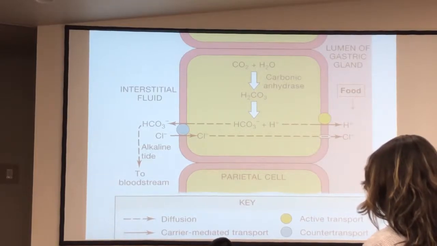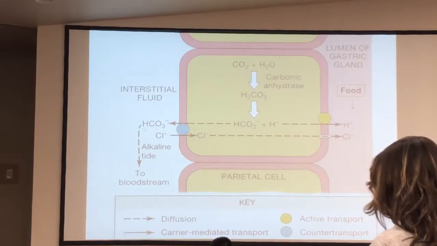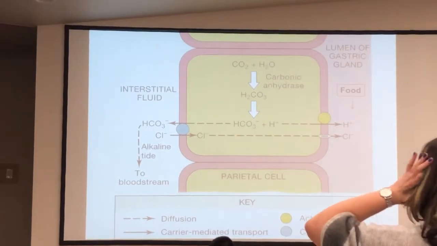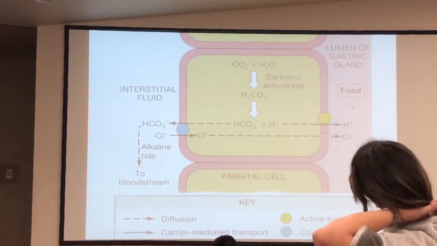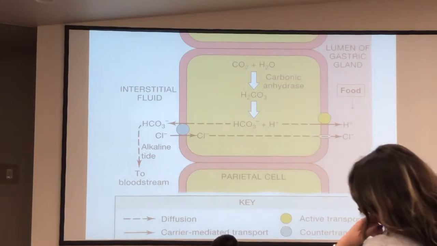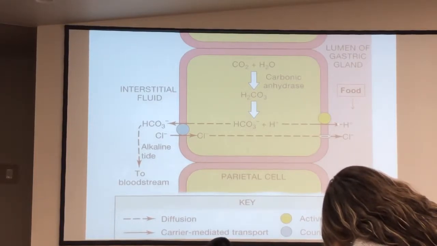And so we call it the alkaline tide, because as HCl is made, bicarbonate ion will increase a little bit, and the pH value increases a little bit. So the blood in the submucosa is more alkaline, the pH value increases. In the center of the stomach, it is more acid.